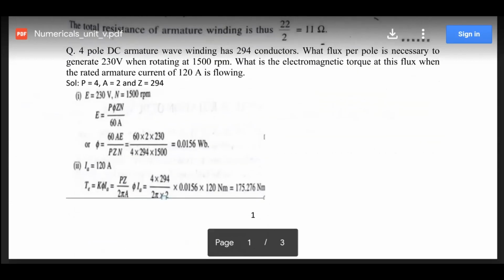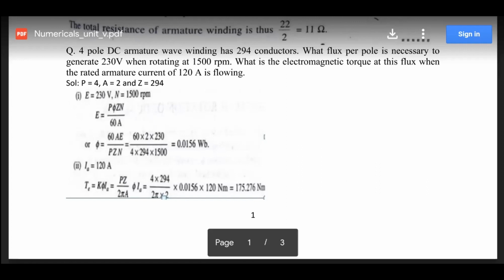In this, a 4-pole DC armature has 294 conductors, again 4-pole wave wound. What flux per pole is necessary to generate 230 volts when rotating at 1500 rpm? And what is the electromagnetic torque when the armature current is 120 ampere?